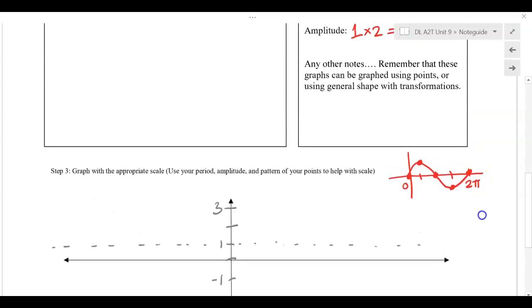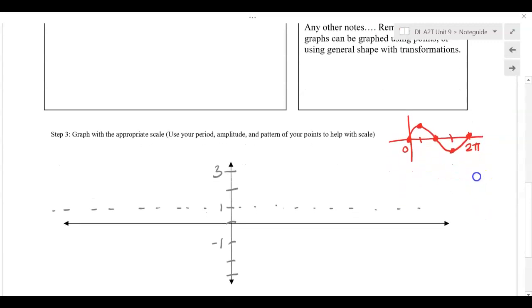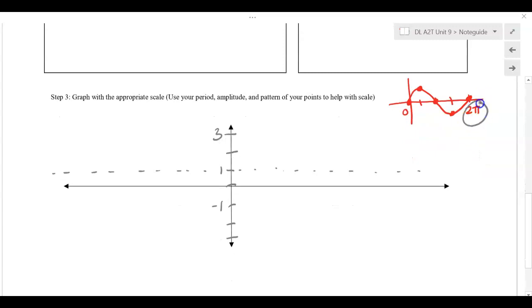How I'm going to scale the graph, I'm going to use my period. So normally my period was 2 pi, so I liked that fourth mark after 0 to be 2 pi. Now my period is pi, so I like that fourth mark after 0 to be pi. If you're a little bit unsure about how I'm about to do this, I'm going to split that into 4 parts, which means I'm technically scaling my graph by pi over 4.